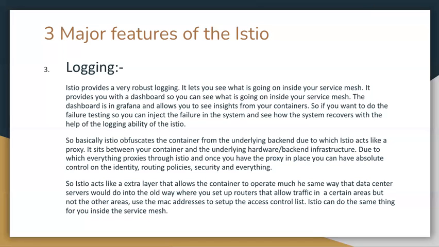This is the same thing which Istio is doing for you, but inside a containerized environment, inside your service mesh. And it is all done programmatically, while in the data center it was done with the help of routers and access controllers. So this is what Istio does for you.